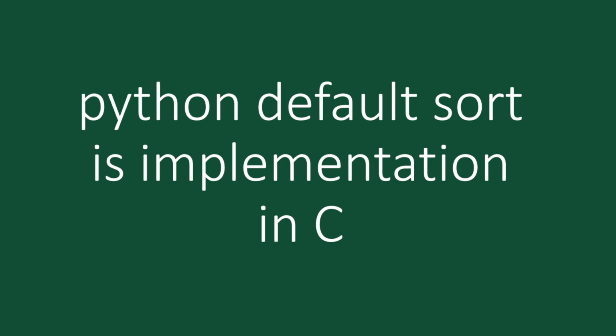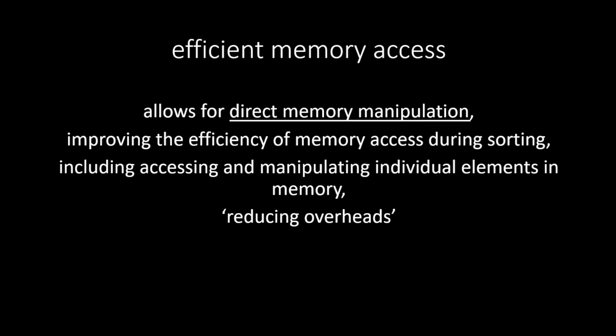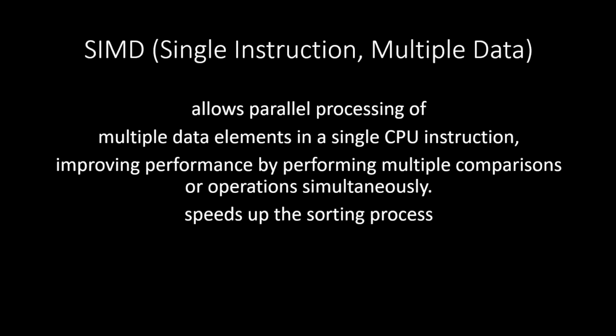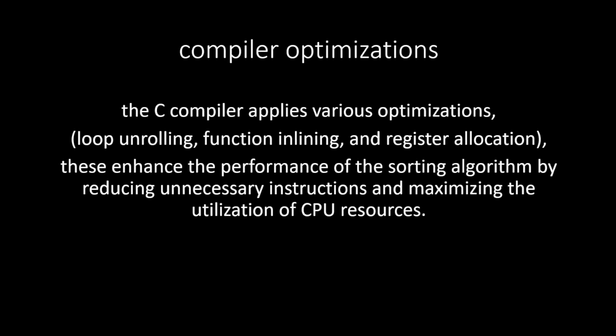Now we're not going to go into too much detail, but for example, some of the areas where efficiency is better with the default sort, because it uses the implementation in C, would be how the memory is managed, and how the instructions are used with the CPU, so for example parallel processing, and also how you can optimize several areas because you're using the C compiler.